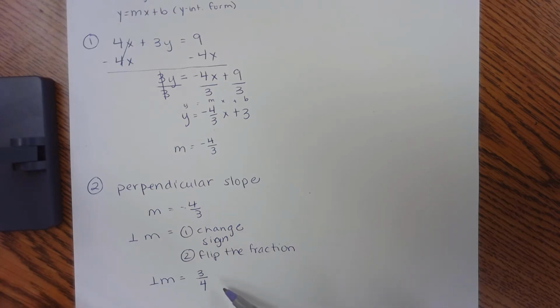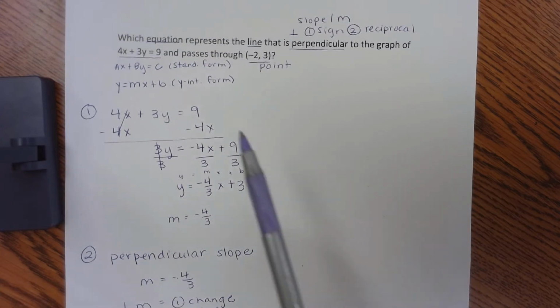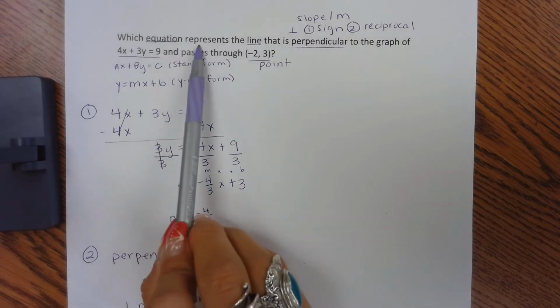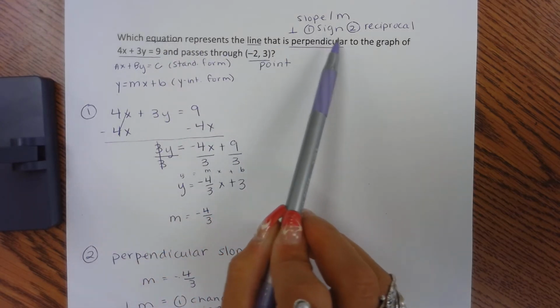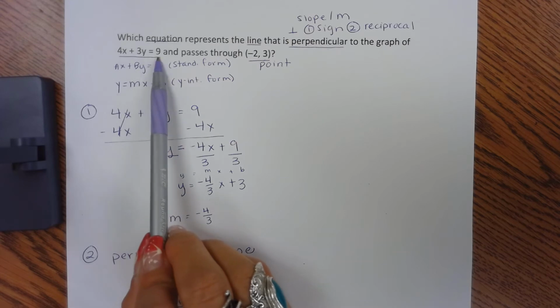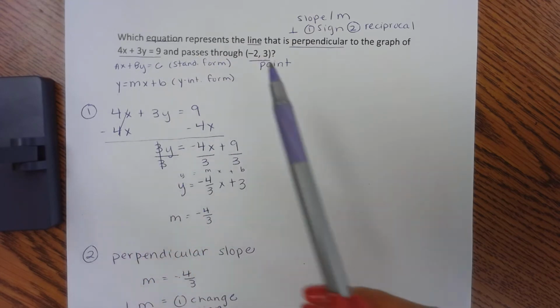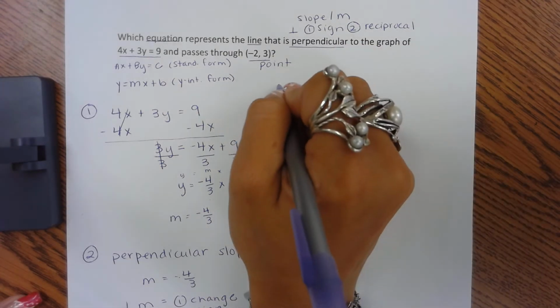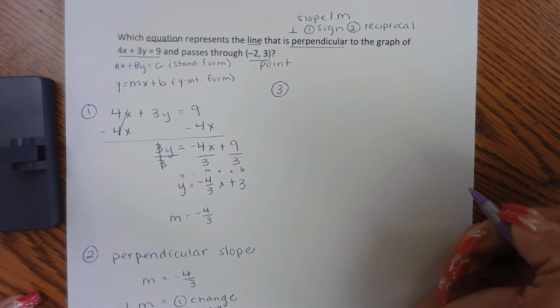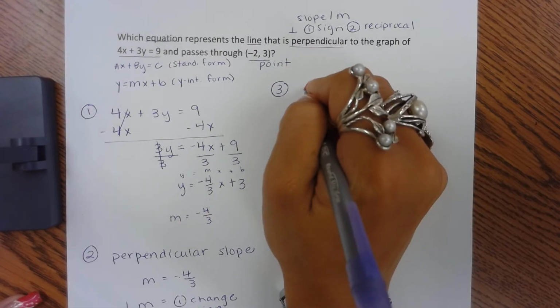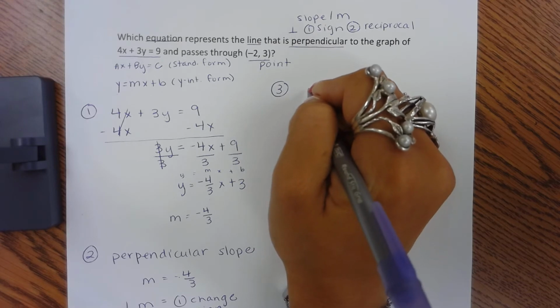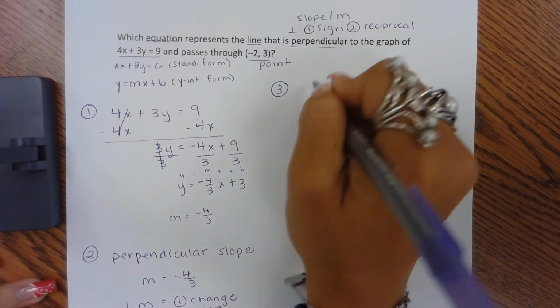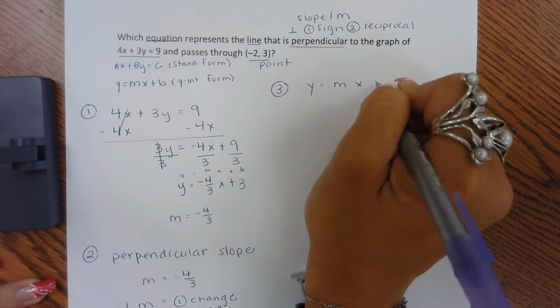So now that we've found our perpendicular slope, we need to create our new line, because the question said which equation represents the line that is perpendicular to the graph of 4x plus 3y equals 9 and passes through (-2, 3). So we're finding another line, right? For our third step, we need to write the basic equation for a line in slope-intercept form: y equals mx plus b.